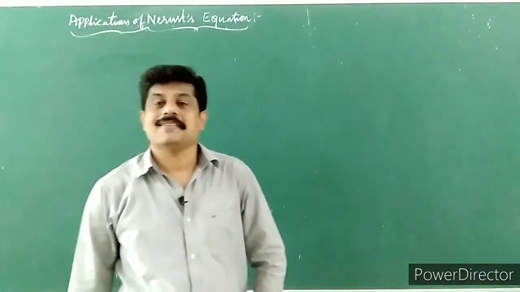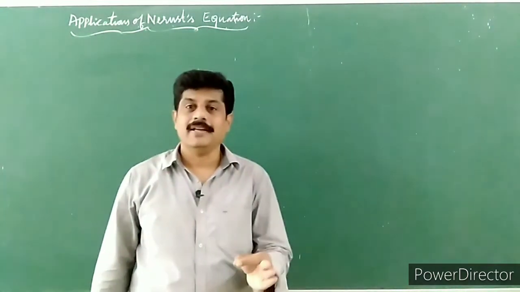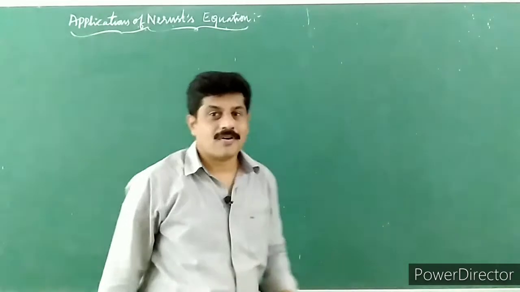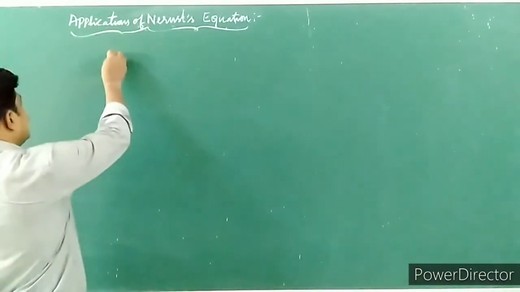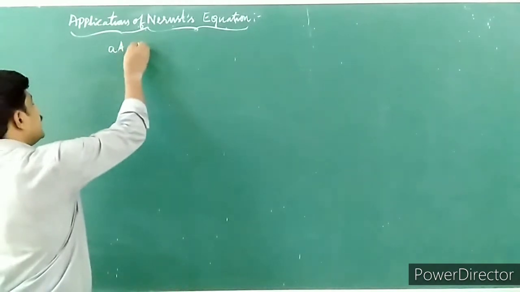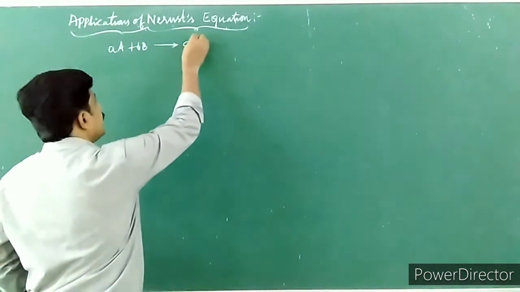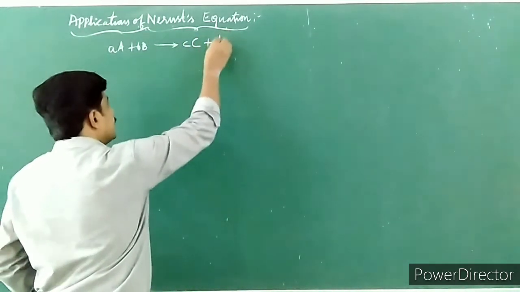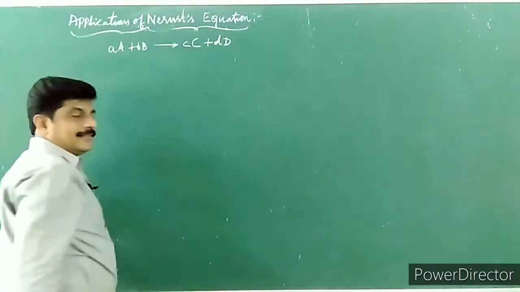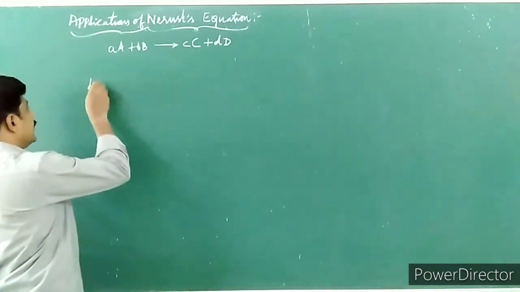Children, let me consider a general redox reaction involving transference of n number of electrons. Let me write the reaction A plus B giving rise to C plus D. Children, let me write Nernst equation for this.